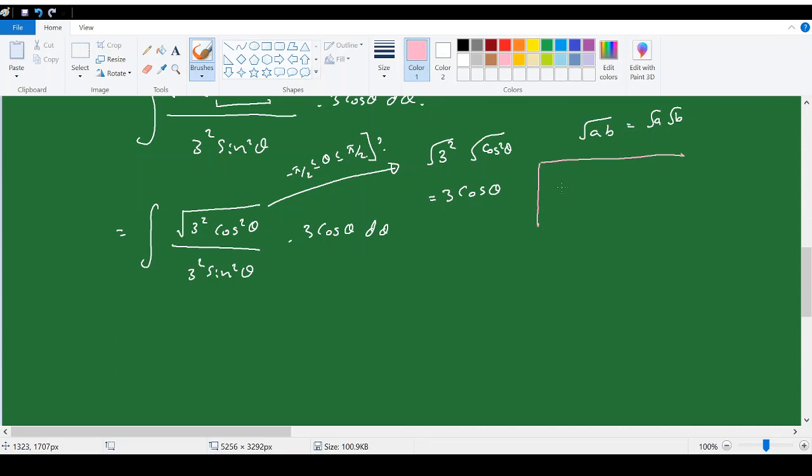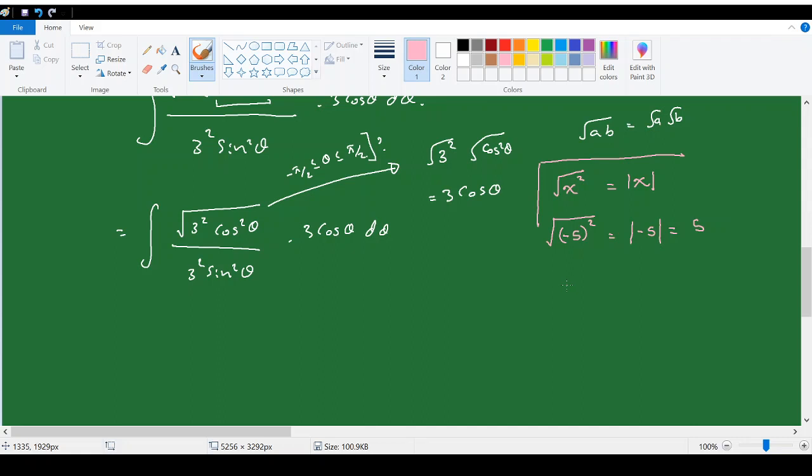That fact is, if you have something like this, the square root is defined as the modulus of x. So for example, if we have the square root of negative 5 squared, the most appropriate answer will be the modulus of negative 5, which is equal to 5.